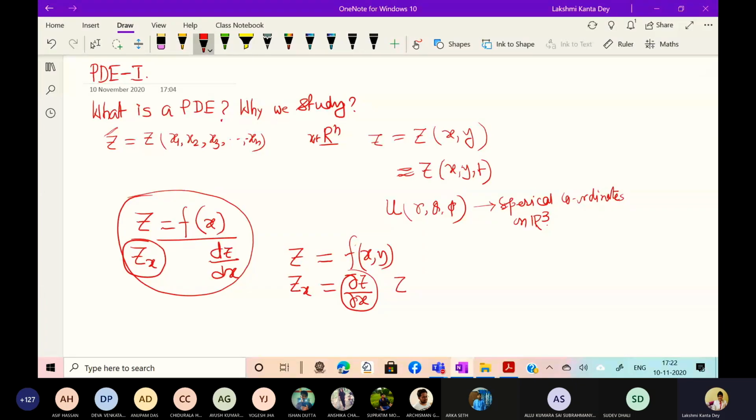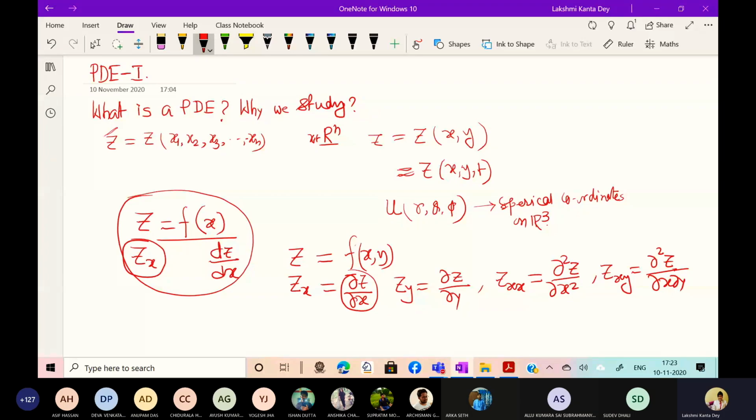Similarly, zy, the first order partial derivative with respect to y, that is del z del y, and so on. Similarly, zxx is del 2z del x2. What will be zxy? Del 2z del x del y. Clear? So in this way it comes.